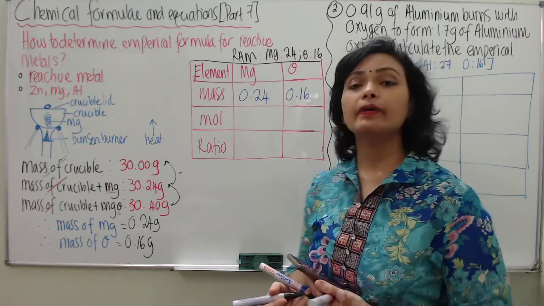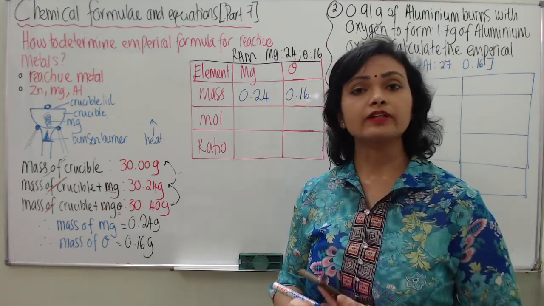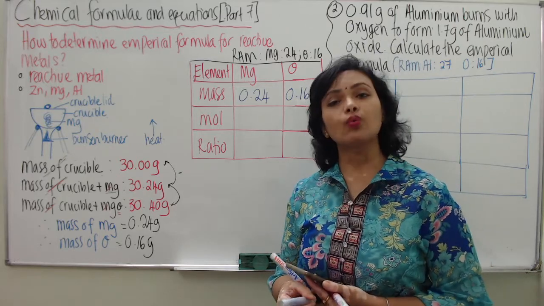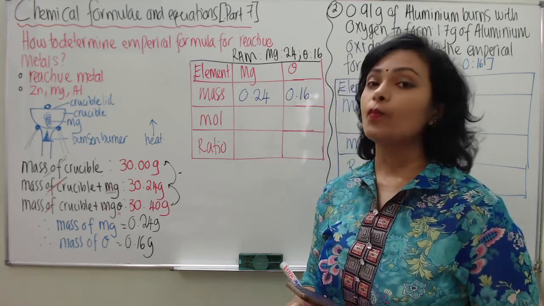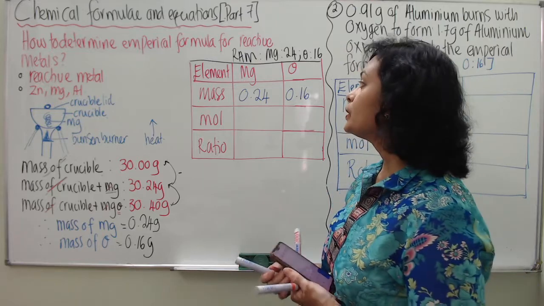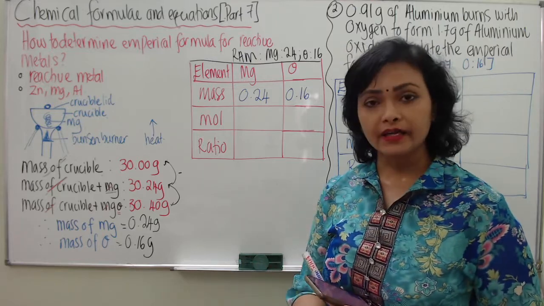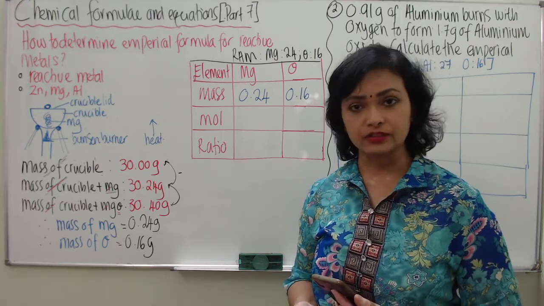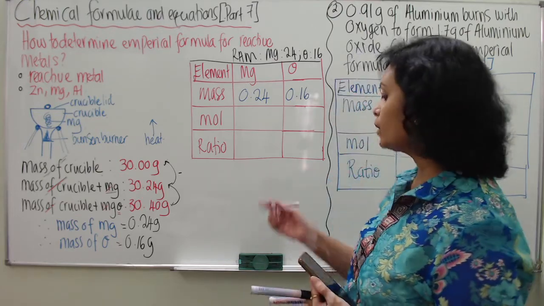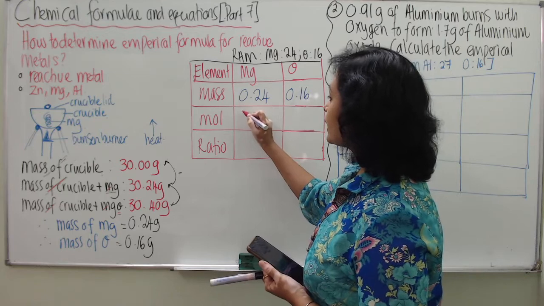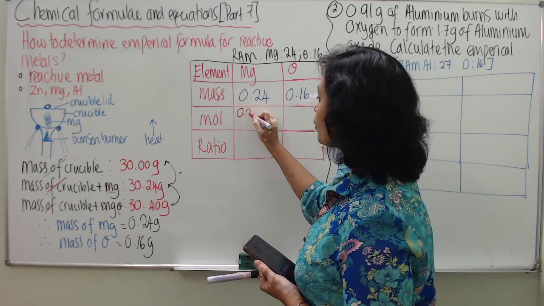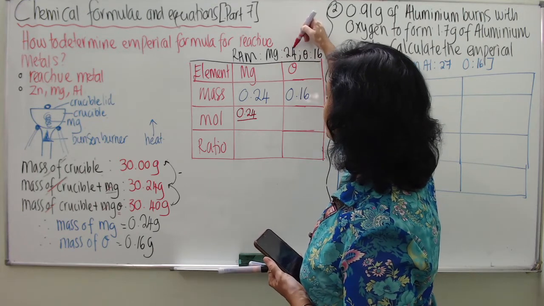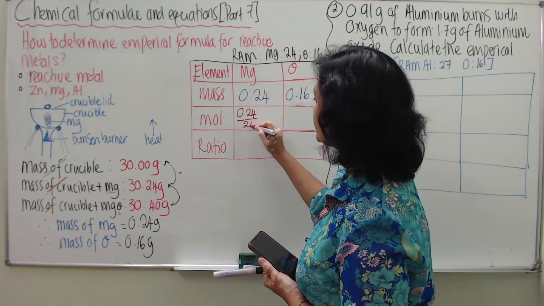Now, remember the concept that teacher taught students on the calculation of mole. What is mole actually? Mole is when we divide the mass of a substance by the relative atomic mass of the substance. So here, to calculate mole: 0.24 divided by the relative atomic mass of magnesium, 24.